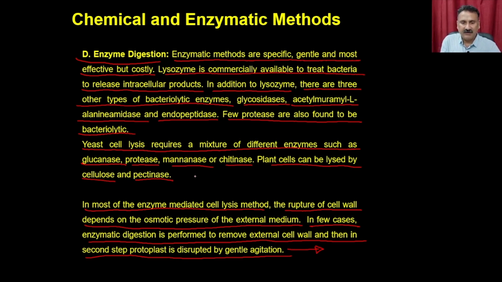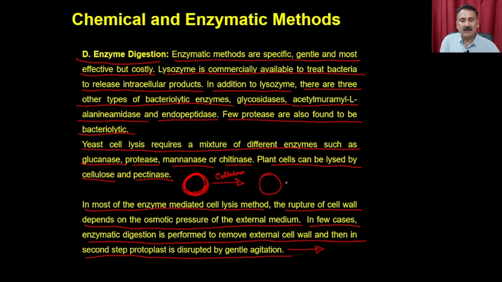For example, you take the plant cell. In the plant cell you have a cell wall, and within this you have the plasma membrane. So what you're going to do is treat it with the cellulase. Cellulase is going to chew up all the cellulose molecules present in the cell wall, and that's how it is going to generate a plant cell without the cell wall.